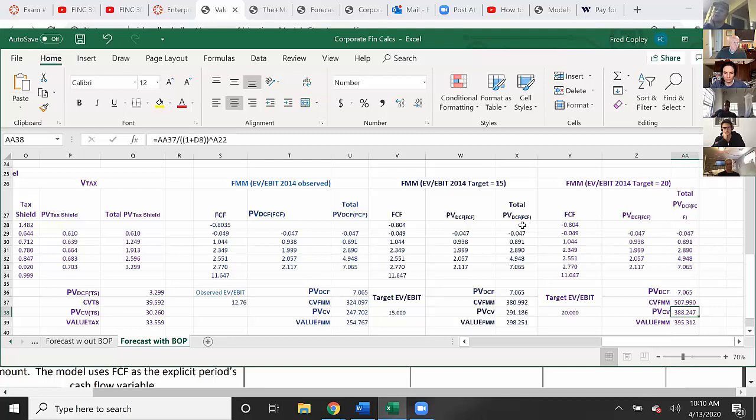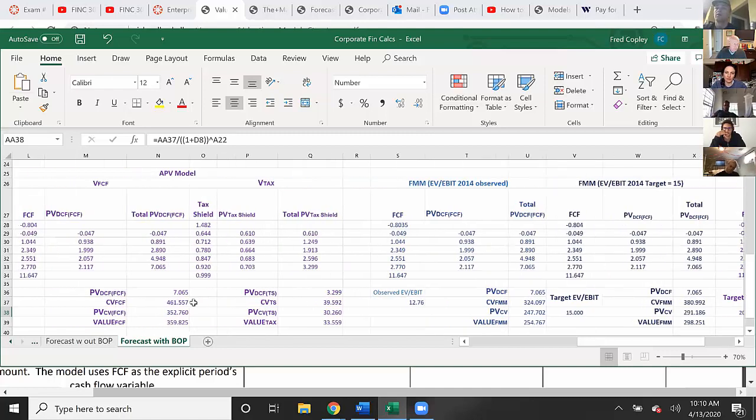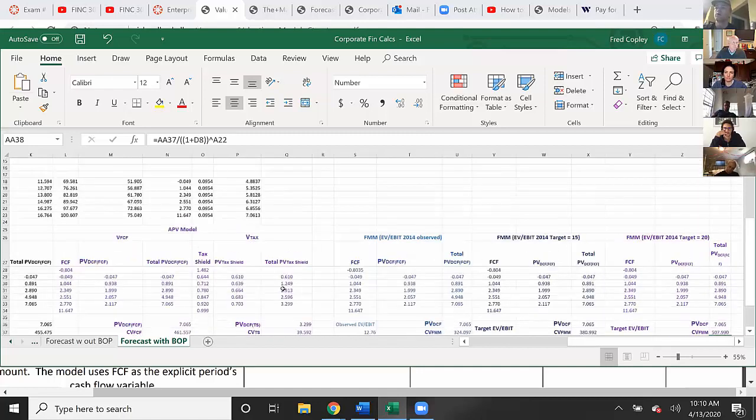If you're using your observed multiple, or depending on what your target multiple is, your outcomes will be different because of that multiple you're using. So you can see here that using a target multiple of 20 brings larger outcomes than, say, if we use 15, or the multiple we observe, which come out lower. So that's where the main difference between those two comes about.